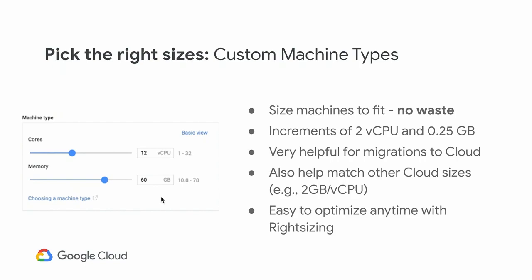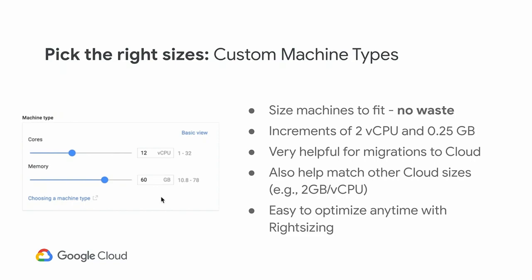And sometimes what that means is that you have to pick a machine that is bigger than what you need in terms of cores, RAM, or local SSD. And that's basically waste. With custom machine types, you can pick the right amount of cores and the right amount of memory, and not have to overpay for the cores and RAM that you would with a predefined machine type.